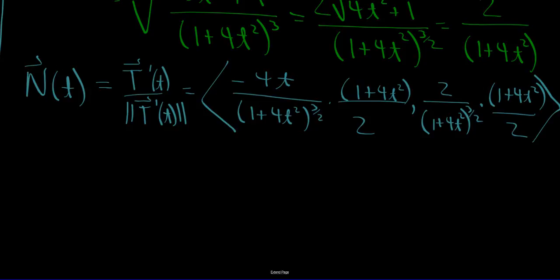Now, here's what we want to do. I'm going to simplify this, and I'm going to get my principal unit normal vector. Up top we're going to have a -2t, right? And what's going to be on the bottom here?